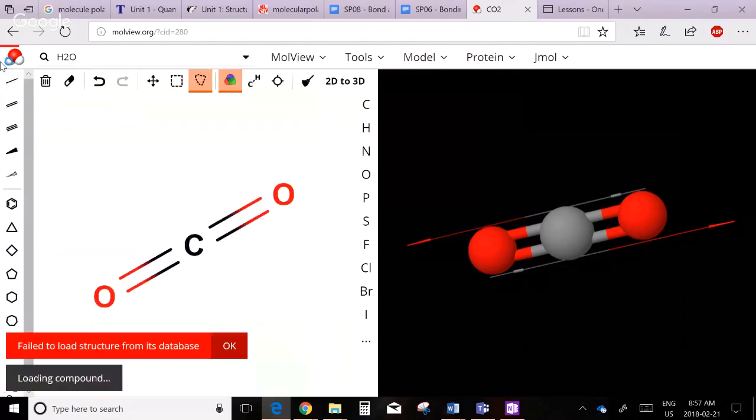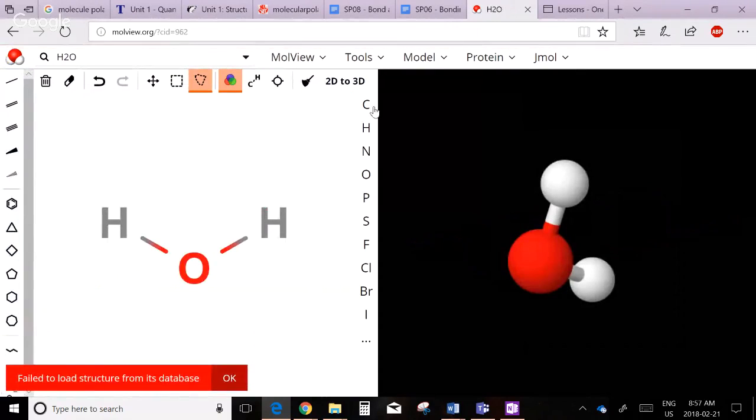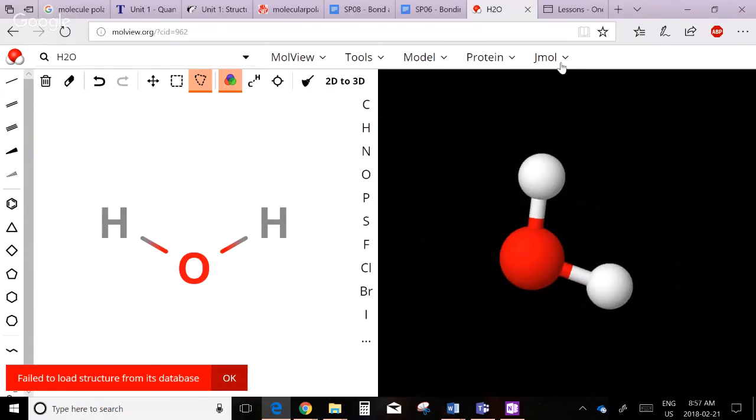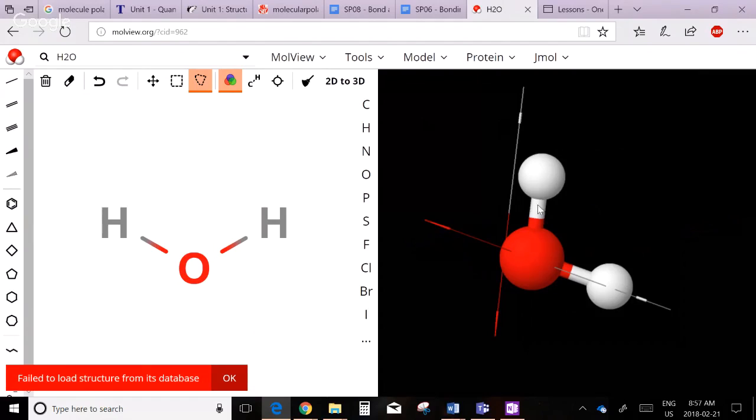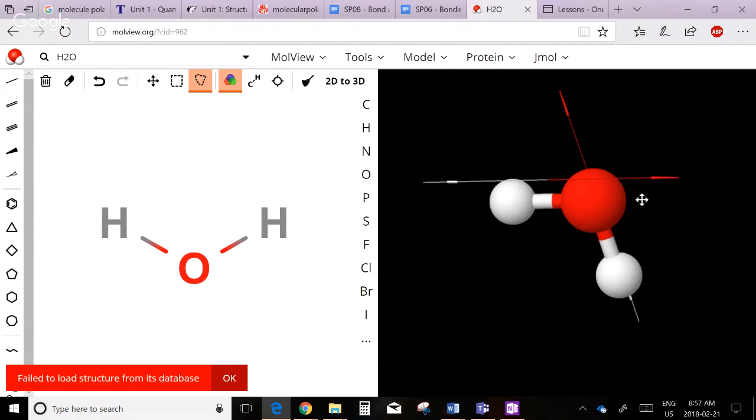Compare that to water. We know that water is polar, right? That's the first example we always teach as polar. If we look at water, when I add the bond dipoles, one of them goes from this hydrogen to that oxygen. The other one goes from that hydrogen to that oxygen. They cross like this. When we put those together, what are we going to get? A dipole in the middle, right?